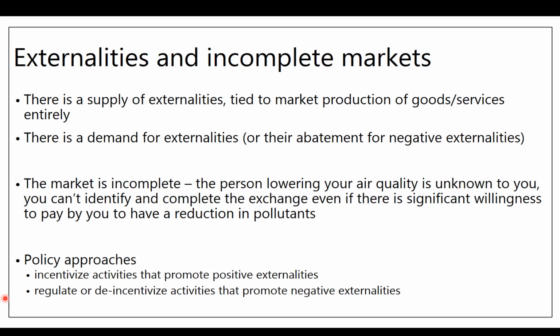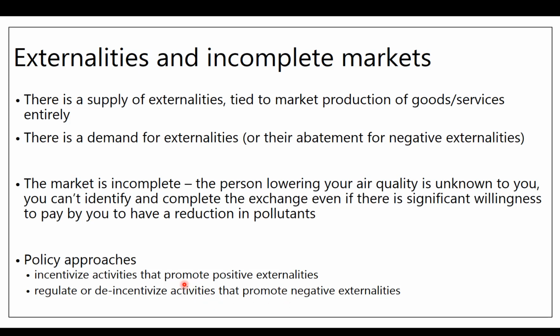So that leads to some policy approaches. One is to incentivize activities that promote positive externalities, right? So in this case, promotes abatement, promotes reduction, so you incentivize those. So something like the EQIP program is the policy approach. Or the second one would be regulate or de-incentivize those activities. You impose a tax that causes someone to account for the cost right away, and so that would be the limiting factor.